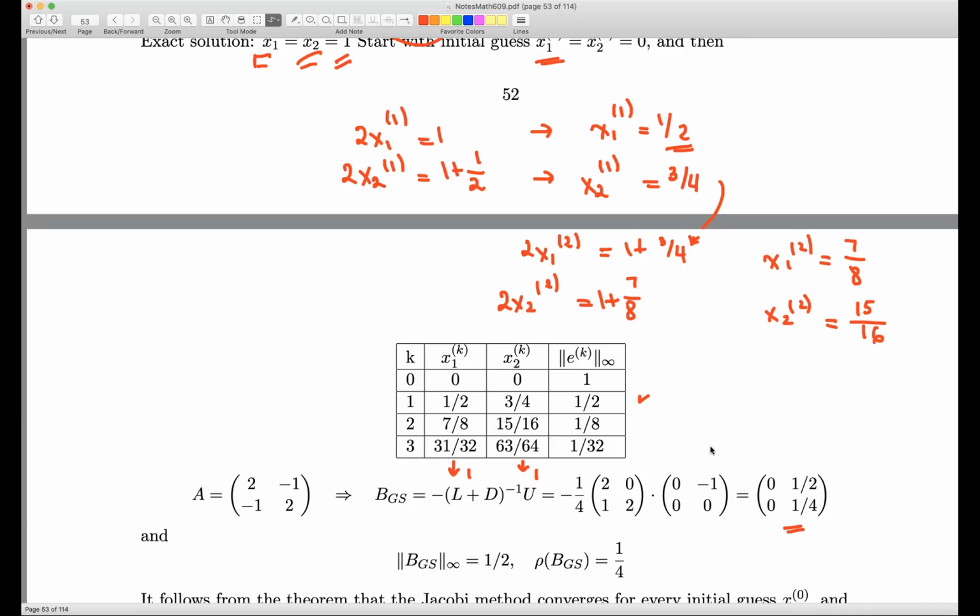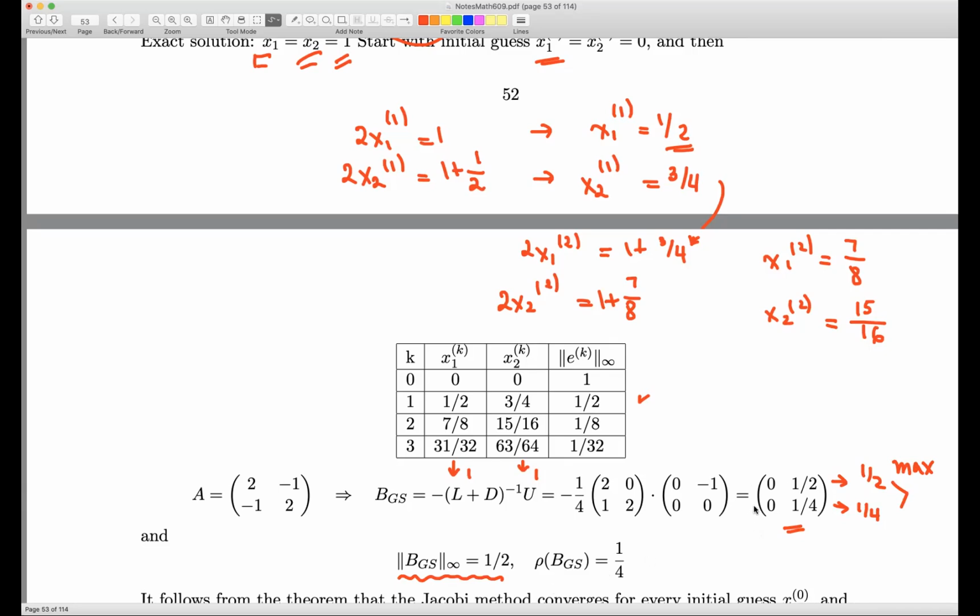So if we look at the infinity norm of this matrix, you will see that here the sum of the absolute values of the components is a half. Here on the second row, the sum of the absolute values of components is a fourth. And then the maximum of those will give you 1/2. So the infinity norm of the Gauss-Seidel matrix is 1/2.